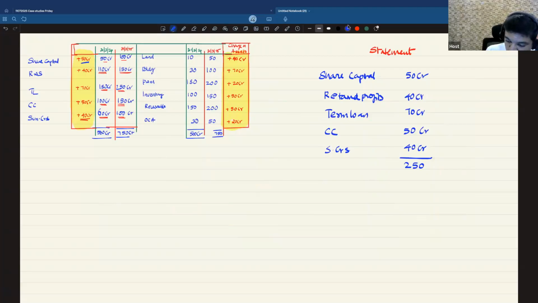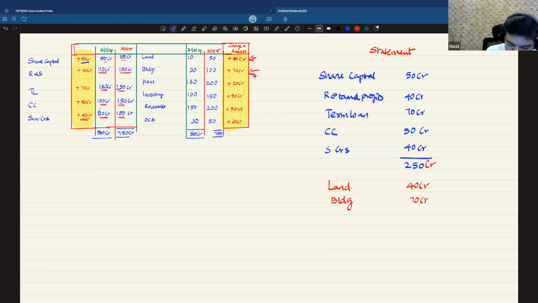And you will also get to know how these funds have been used. Look here. Funds have been used for investment in land. What is the total investment? It is 40 crore. It has been used for investment in building. What is the investment they have made in building? It is 70 crore.